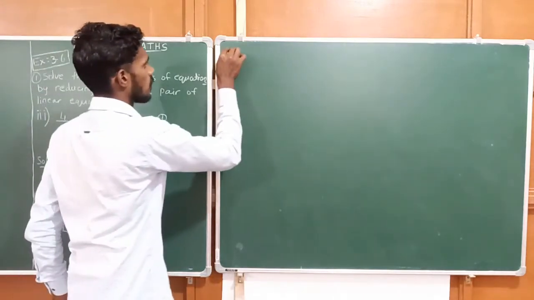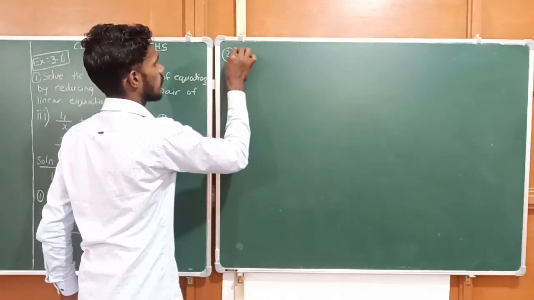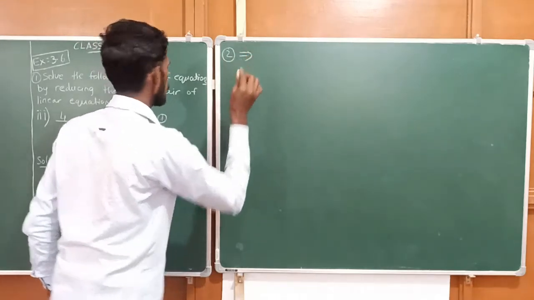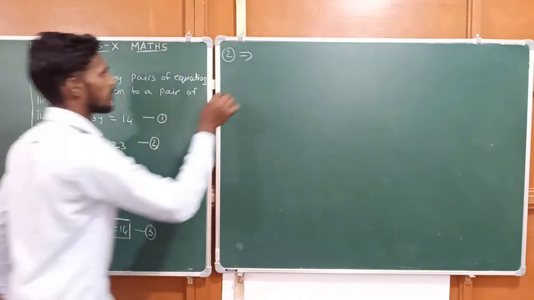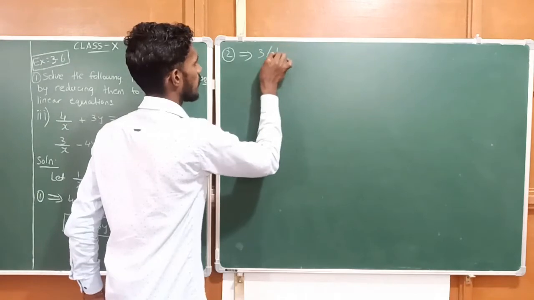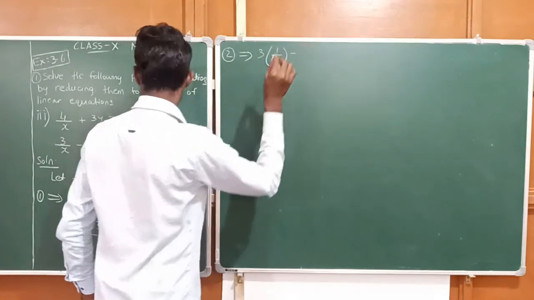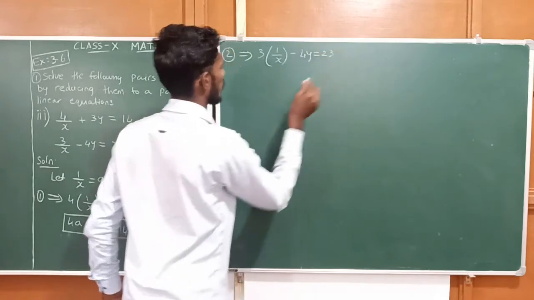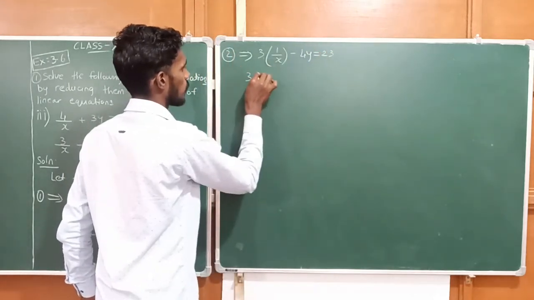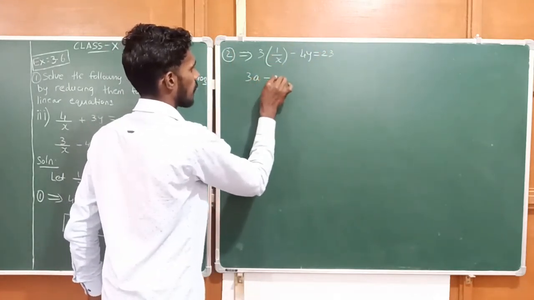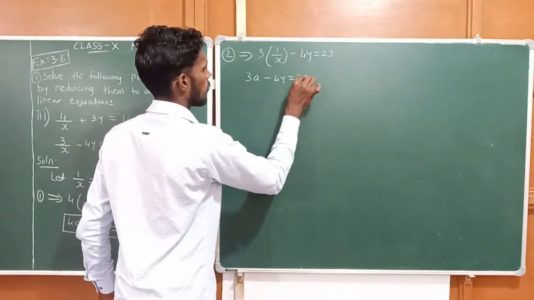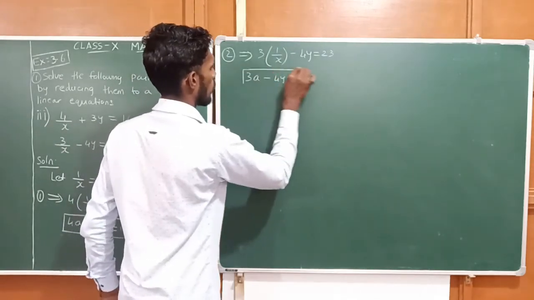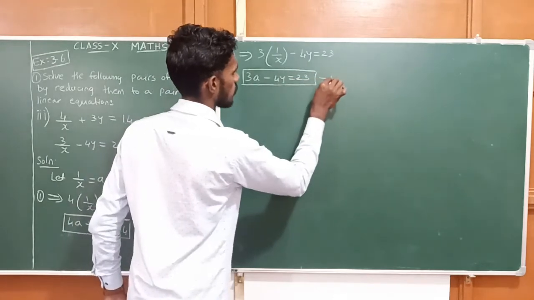Now on substituting 1 by x is equal to a in equation 2, first write it as 3 into 1 by x minus 4y is equal to 23. Now 1 by x is a, so 3a minus 4y is equal to 23. Mark this equation as number 4.